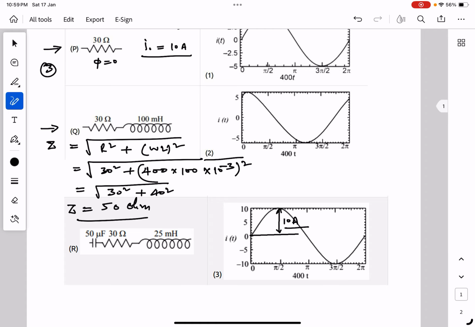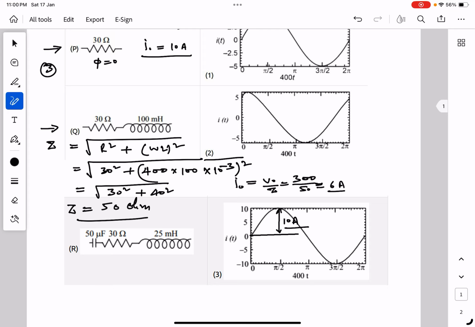Therefore amplitude of current will be equal to V naught upon impedance of the circuit. V naught is 300 volt and the impedance is 50. So this is 6 ampere. Now let us find out the phase difference.